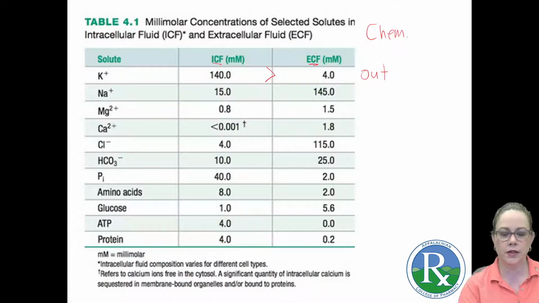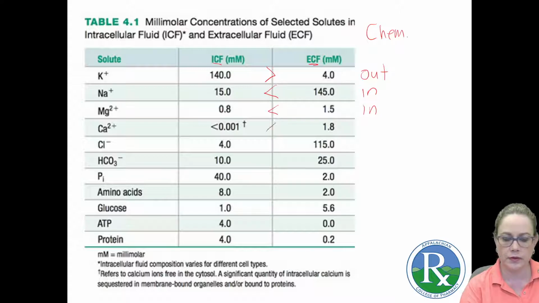In contrast, we see the next one with sodium. The extracellular fluid has a higher concentration than the intracellular. So in this case, sodium is spontaneously going to want to enter into the cell. Magnesium, we see the same higher extracellular concentration compared to intracellular. So that will also prefer to move into the cell spontaneously.